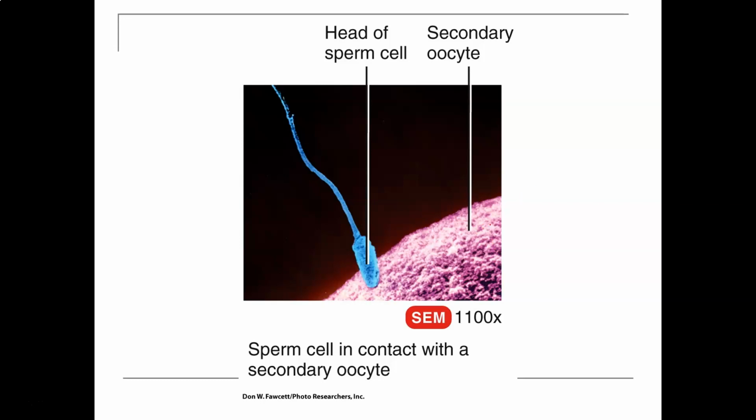Okay, but what about the day before the egg is ovulated? Could intercourse result in fertilization? Yes, because the sperm, even though the egg isn't even ovulated yet, they can be there waiting. They can survive, like we were saying, for about 3 days. So on April 30th, intercourse could result in fertilization.